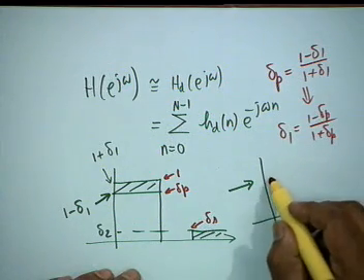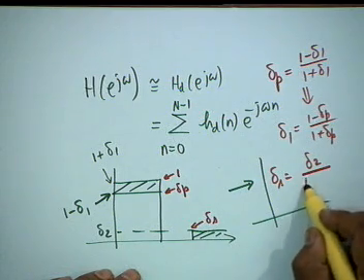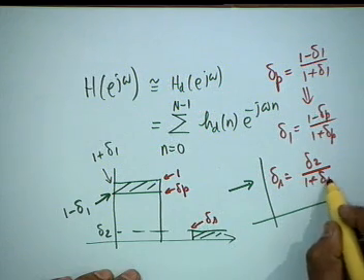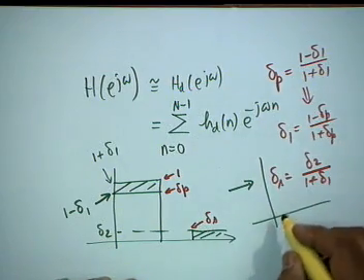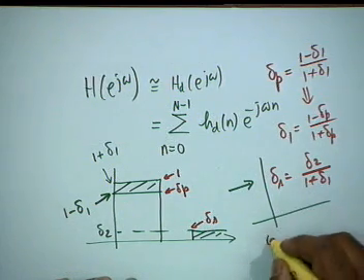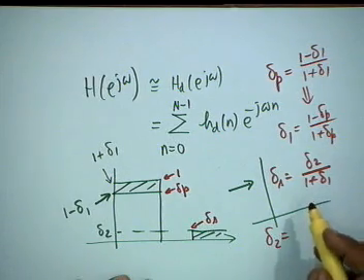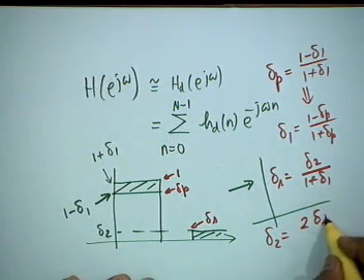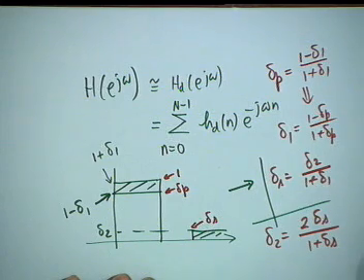And delta S would be equal to delta 2 divided by 1 plus delta 1. Since delta 1 has been found, you could put it here, and delta 2 also has to be expressed in terms of delta P and delta S, and this comes as 2 delta S, I hope I am right, divided by 1 plus delta P.